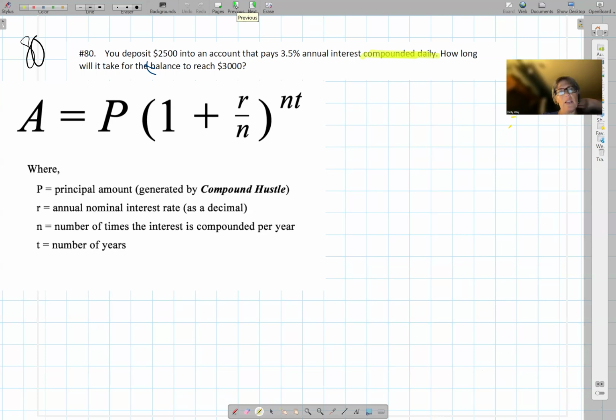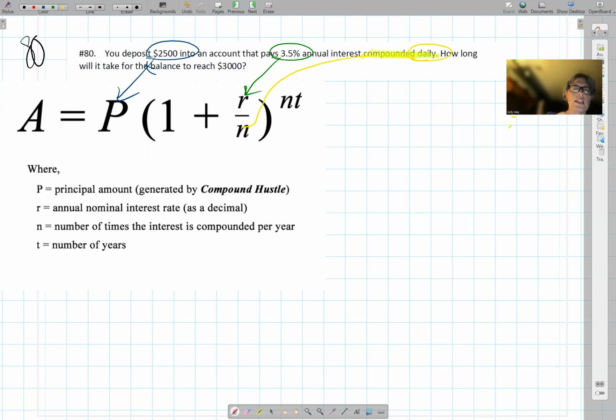So in this case, it says you deposit $2,500 into an account. That's going to be your principal, that pays a 3.5 interest rate, and that goes right there where the R is. It's compounded daily, so this N here is the number of times within a year.